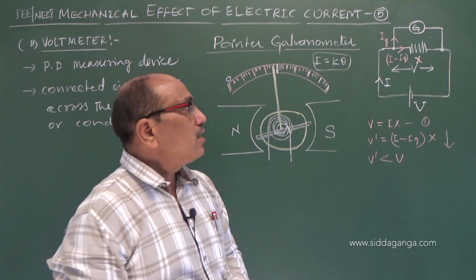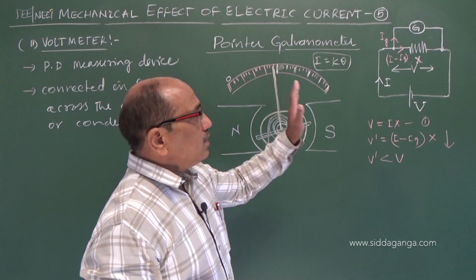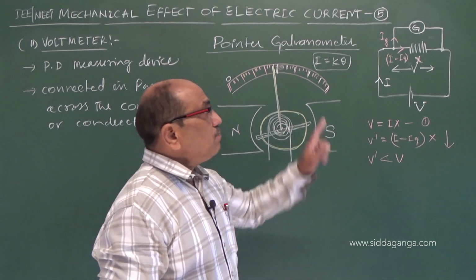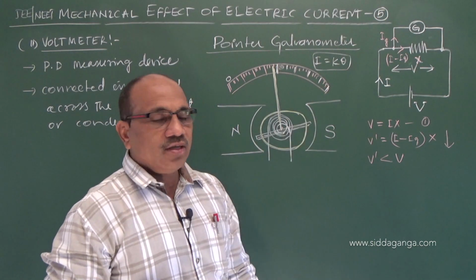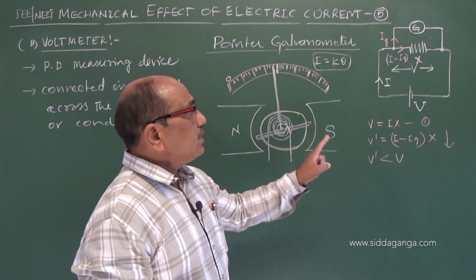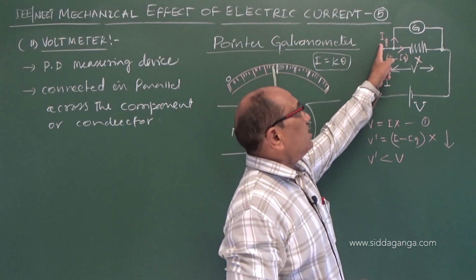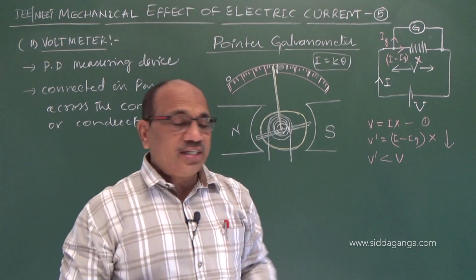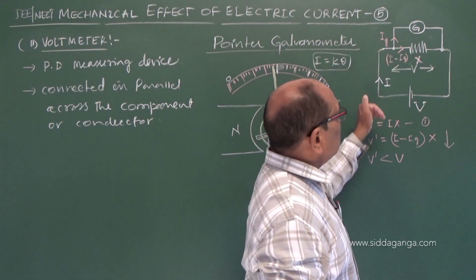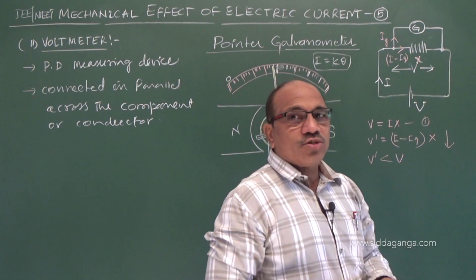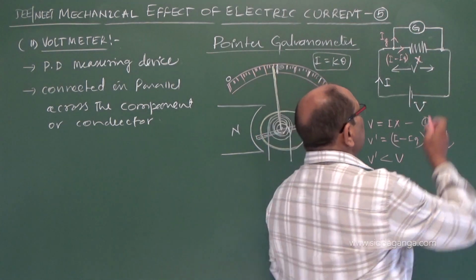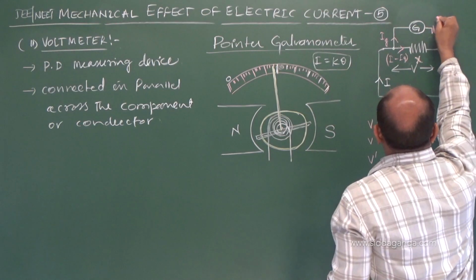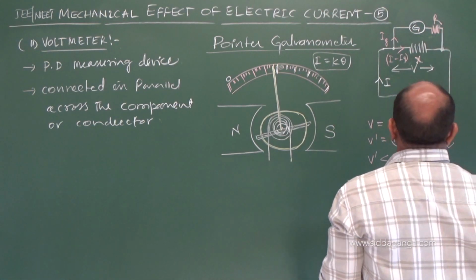Again, we have to measure the potential difference across X, but it should not decrease the PD across the resistor or component. Decrease means we have to minimize the Ig value. The reason, I hope you understand why we have to minimize: because Ig should decrease, which means the galvanometer resistance should be made high. This is done by connecting a high resistance in series.